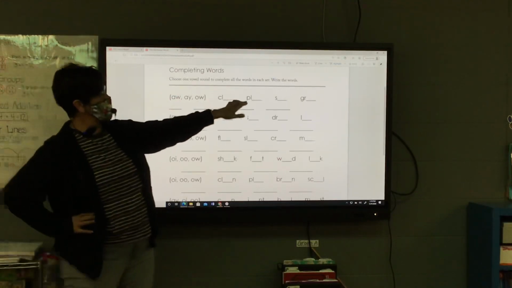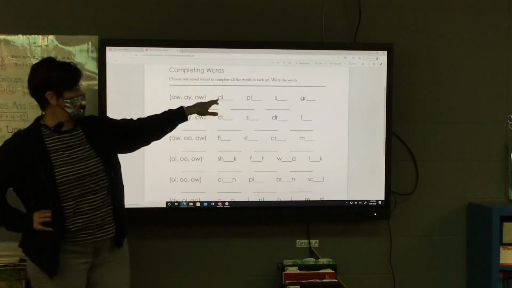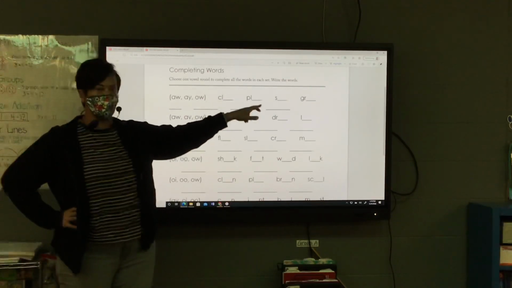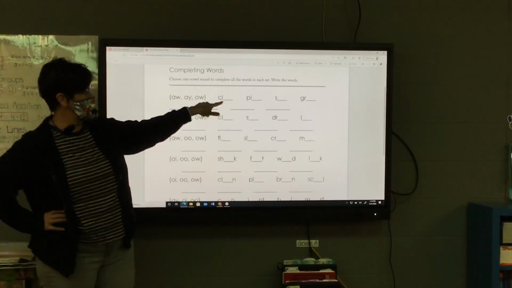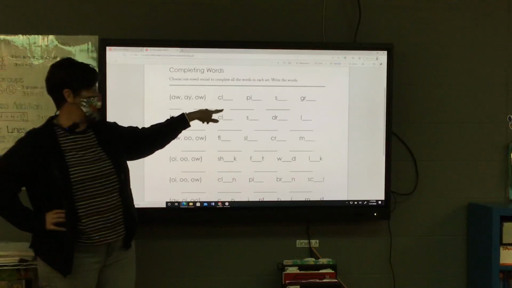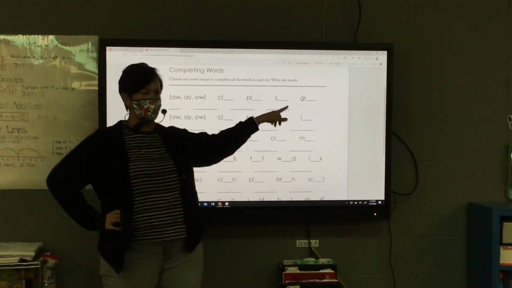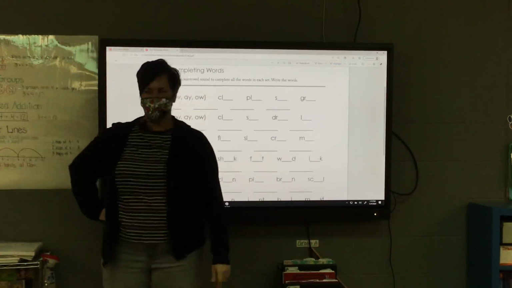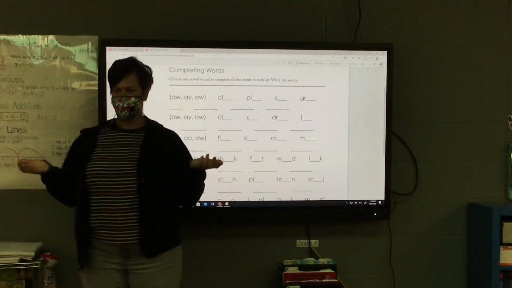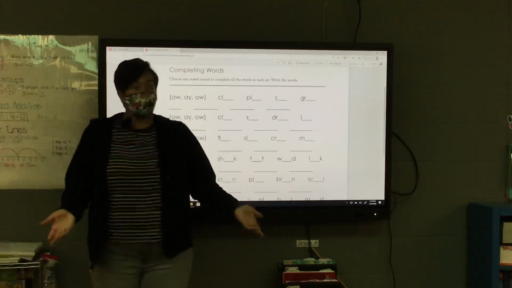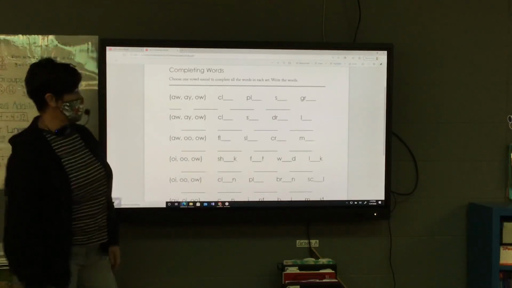Is AW going to work in all of these? If I put AW behind all of these, what's this word going to say? Claw, claw, saw, graw. Are those real words? Not all of them. Some of them are. So it's not going to be that one.